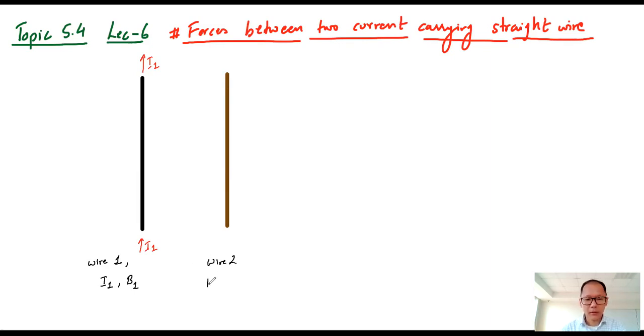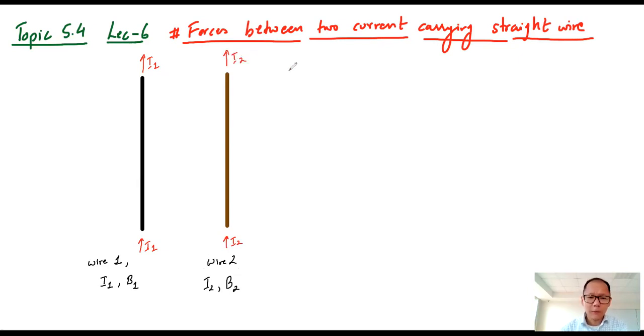And the current flowing through this is I2. And the field that this produces is B2. So again, the current that I'm showing here is I2.